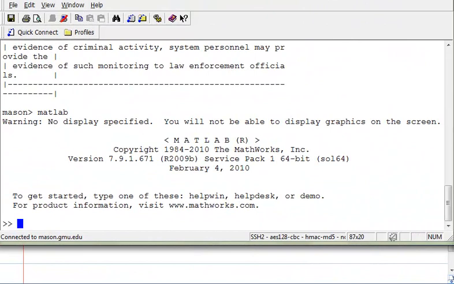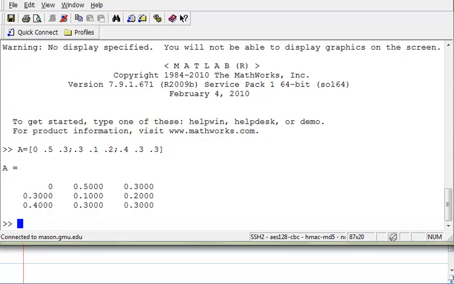So here I am in MATLAB, and I'll type in A, the input-output matrix: 0, 0.5, 0.3, 0.3, 0.1, 0.2, 0.4, 0.3, 0.3, and end the matrix. The demand matrix D is 20, end that row, 15, end that row, and 18.